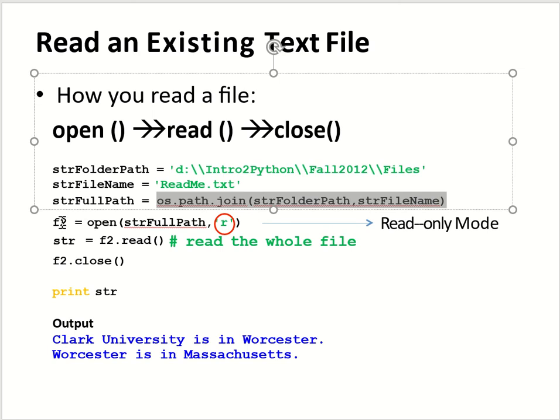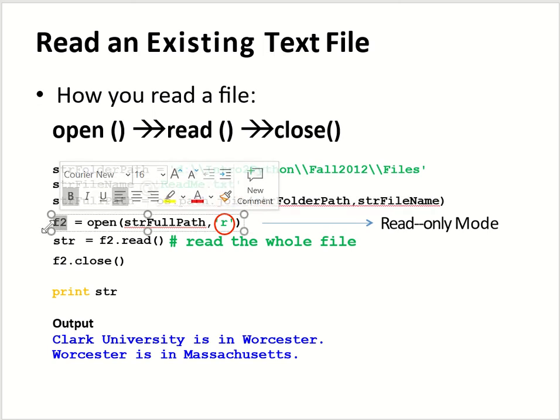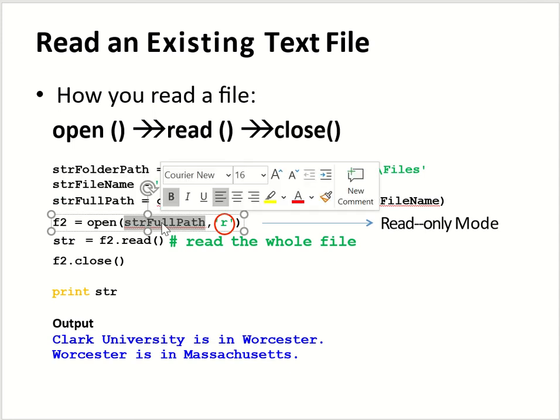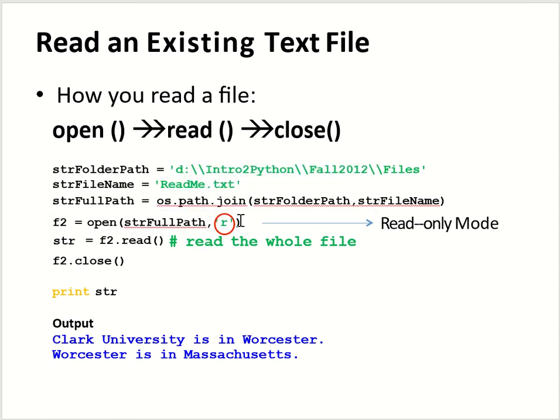And then within the Python session, we have a variable called f2 here. We can open that file in read-only mode. So we won't change anything, but we can take information in that file located in this folder and read it into our script. So our program could do other things to it later.